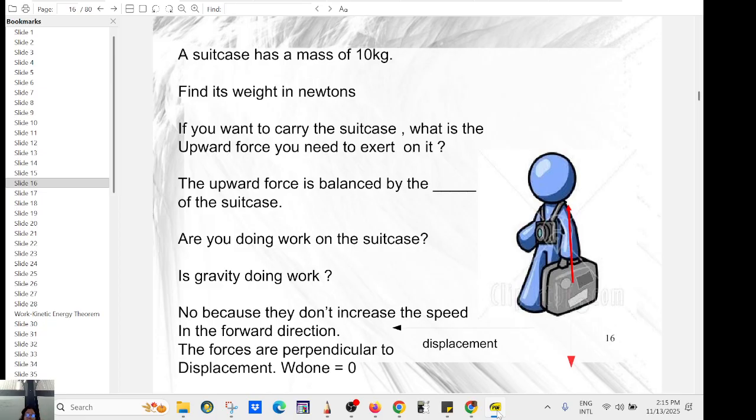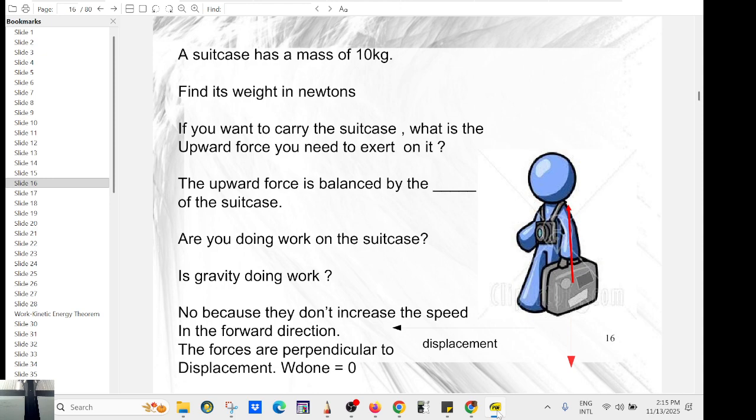So for example, if I have a suitcase in my hand, but I move at a constant speed, the force that I'm applying is up.